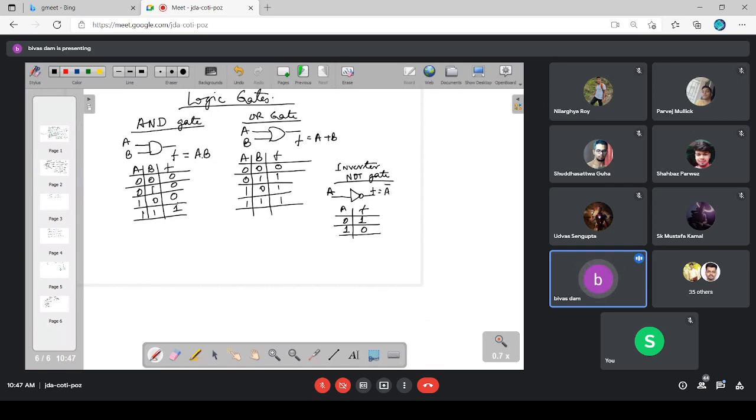Then the fourth one is the NAND gate. NAND is nothing but not AND. The NAND comes from not AND. That means this will be one AND gate followed by one NOT gate.